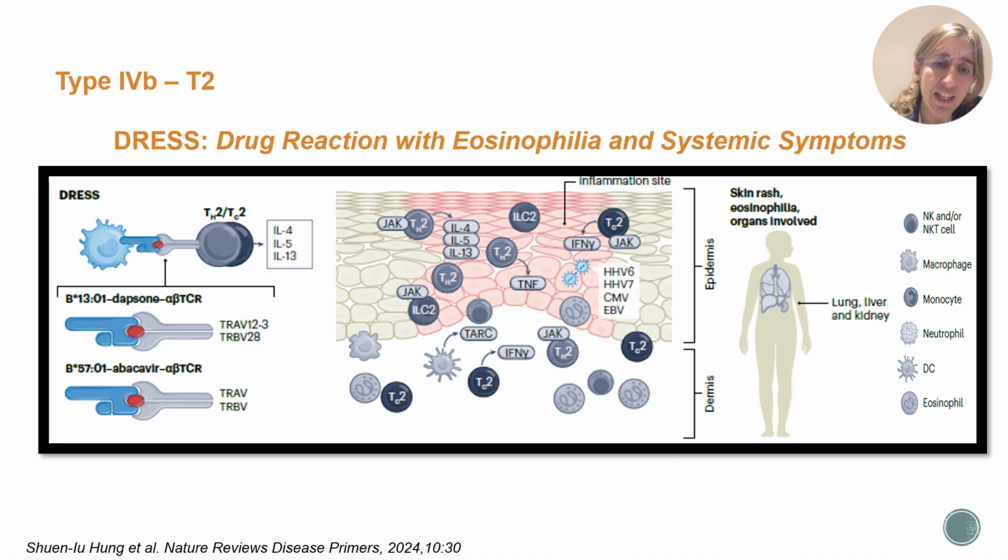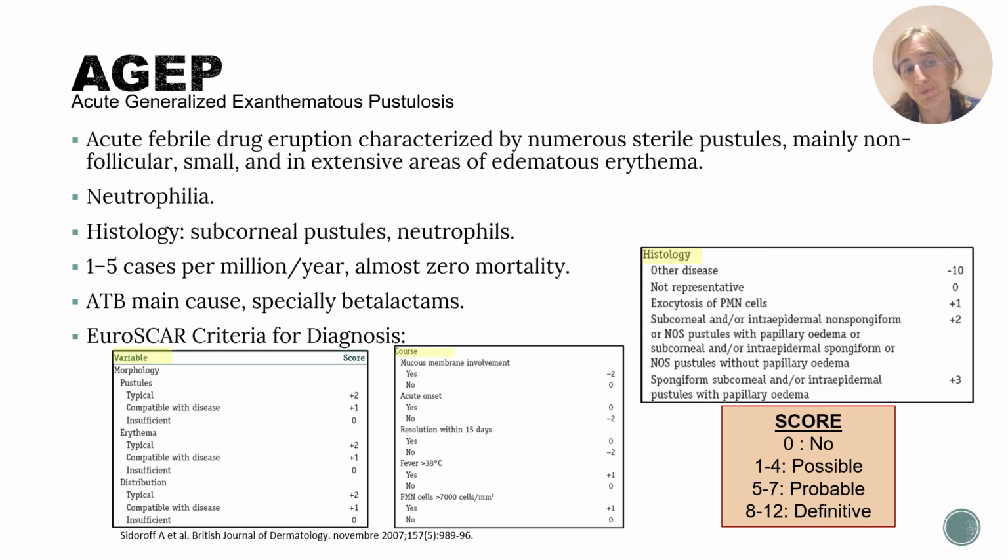Here in DRESS, IL-5 is a crucial landmark, and eotaxin-1 and TARC all synergistically promote the local accumulation of harmful eosinophils. And here we also have the involvement of the virus that we will define later.